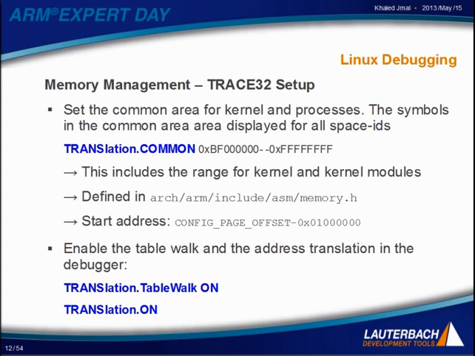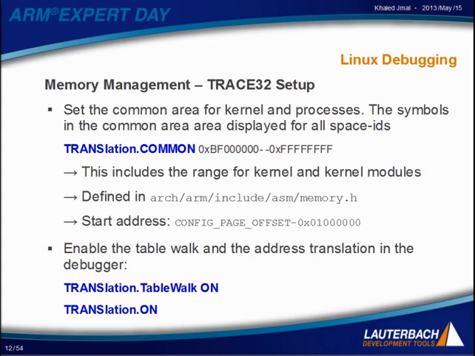To always have the view of the symbols for all space IDs, you need to declare a common region, which is the range of the kernel modules plus the range of the kernel. So this is, for example, starting from BF 60 to the end of the address range. This way, the symbols that are in this range will be accessible for all space IDs, and will be viewed for all space IDs in the debugger windows.